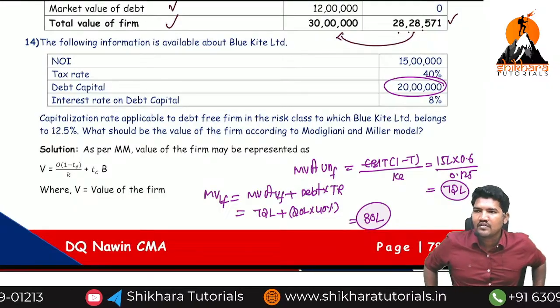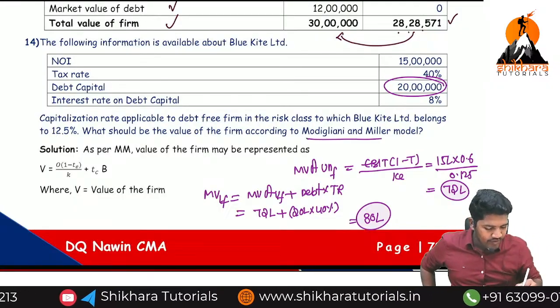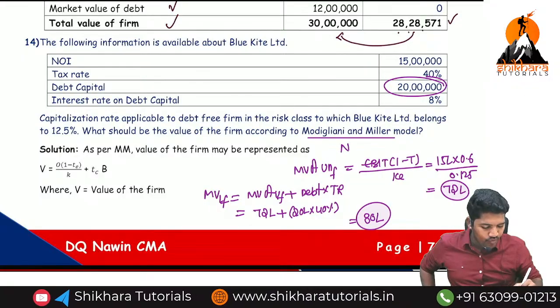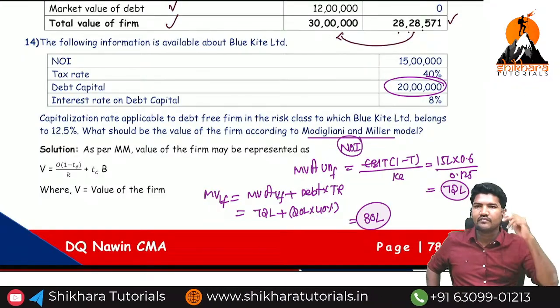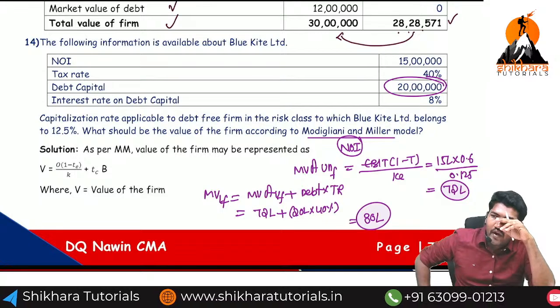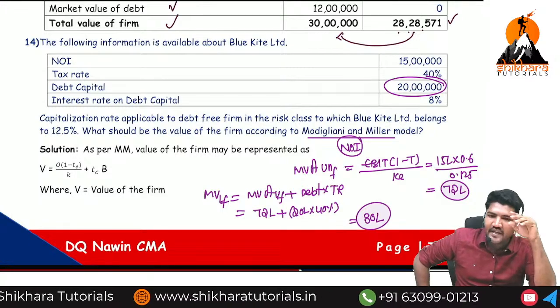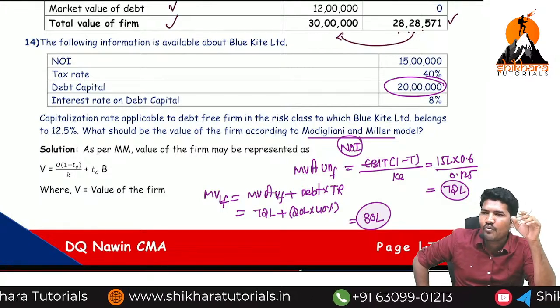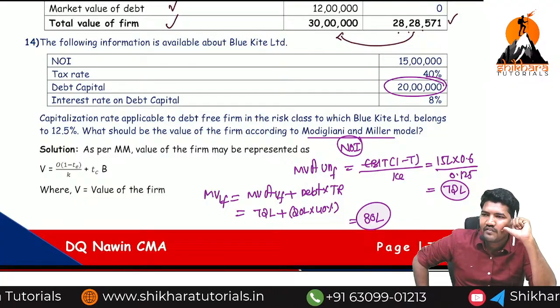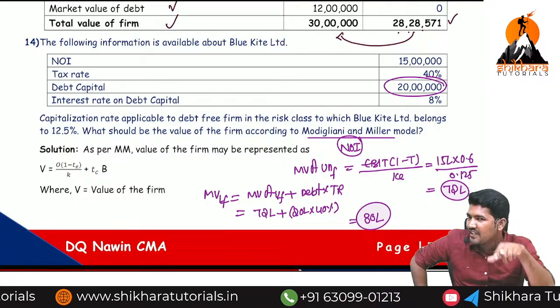Sir, clear? Sometimes instead of Modigliani-Miller, they will give the NOI approach. Sir, we have not discussed any calculation part in the NOI approach. Now, how do I calculate? NOI approach is a theory.